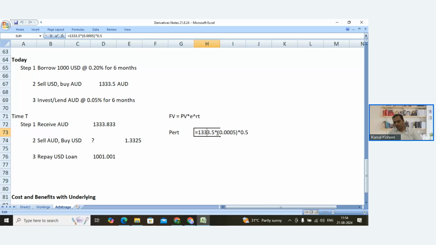Forget this number, just e to the power of this alone. 1 point something will come, that into this. Yes, this is the number we are getting.